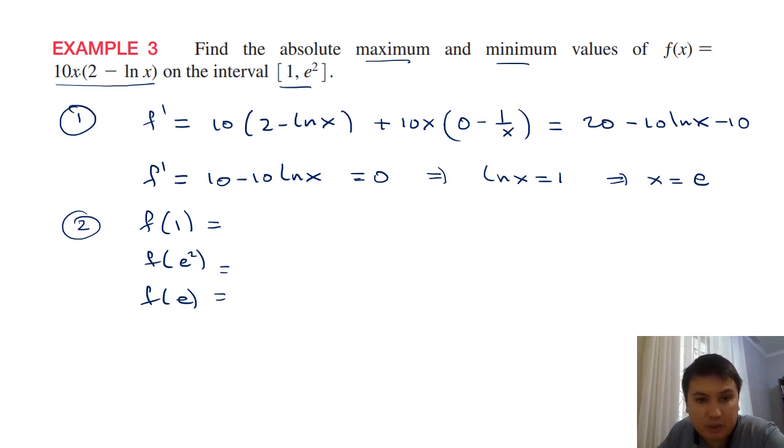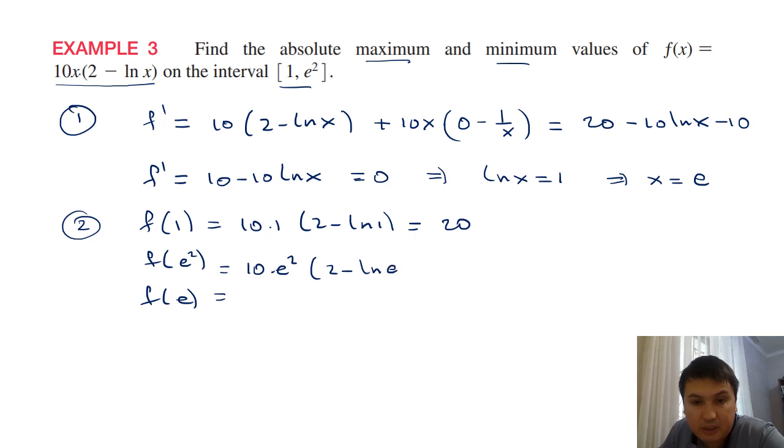So f of 1 is 10 times 1, times (2 − ln 1), ln 1 is 0, so this is 20. f of e squared is 10 times e squared, times (2 − ln e squared). But what is ln e squared? This is 2 times ln e, and ln e is 1, so 2 minus 2 cancels out, so this is 0.